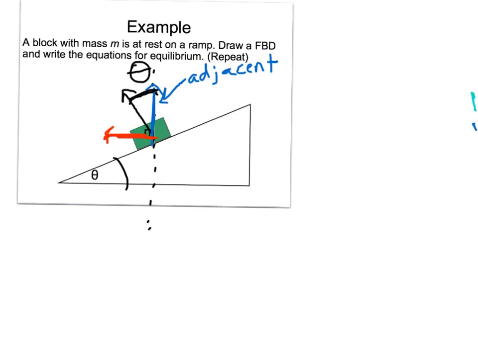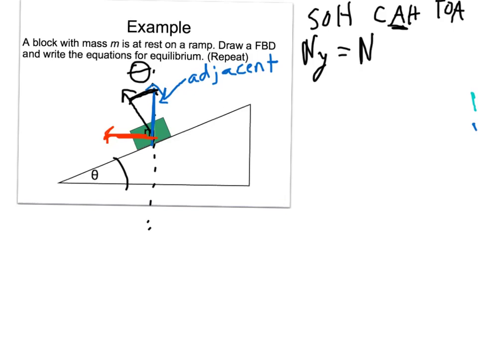I also remember from geometry or trigonometry, CAH TOA, and if you have an adjacent angle, use cosine. So the y part of the normal force, N in y, is the normal force cosine theta.